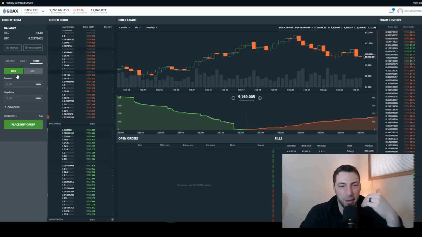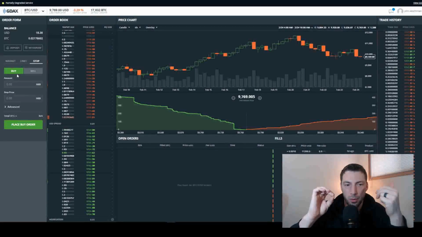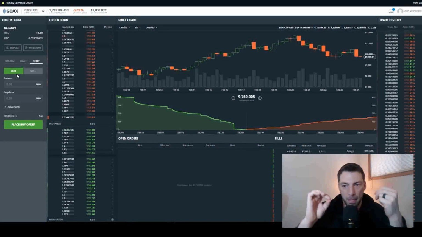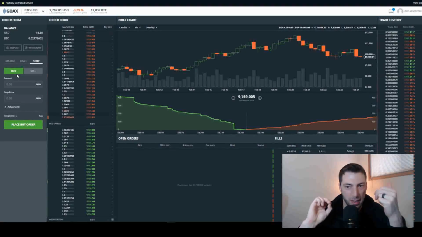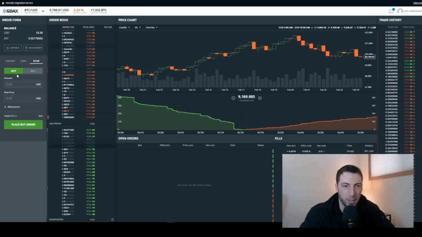So when they execute, they're going to have a fee, and it's not necessarily going to execute at the exact price you set. That price is when it will turn on, but it will fire a market order once the price hits that. So it's not necessarily going to be the exact price that you set.